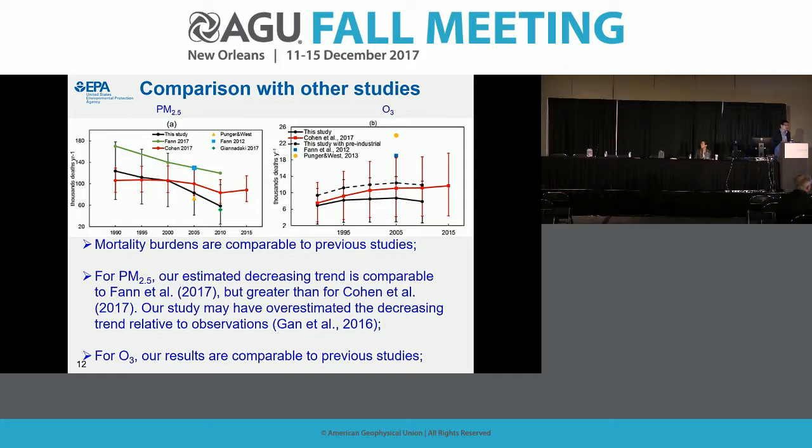And we concluded that our study may have overestimated the decreasing trend relative to the observations. And for ozone, on the right, we see that our results for the ozone mortality burden trends are comparable to the previous studies.